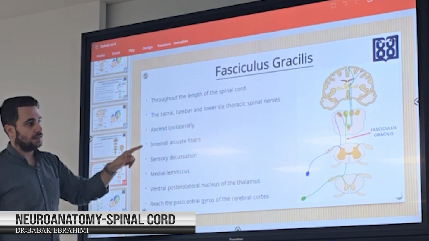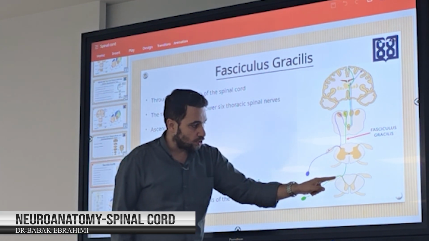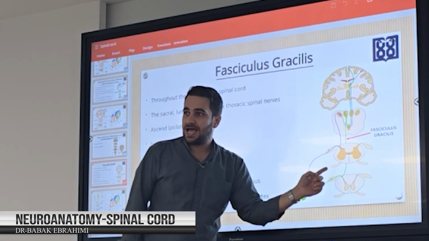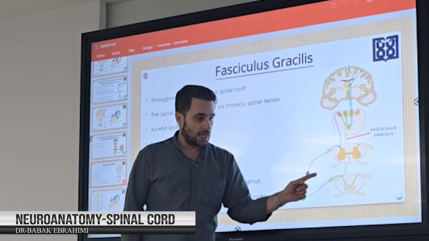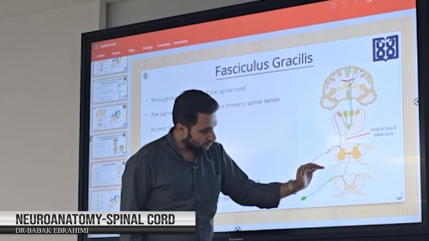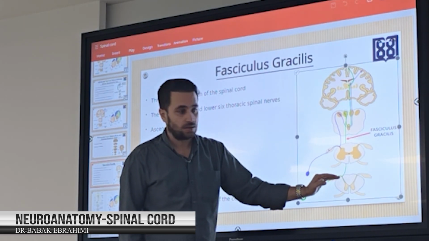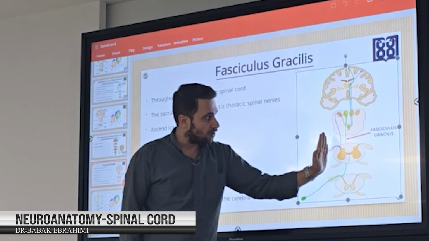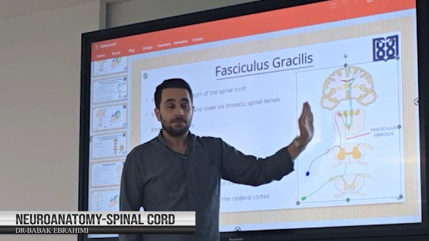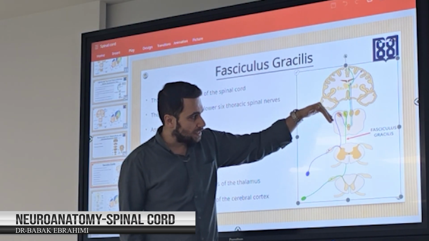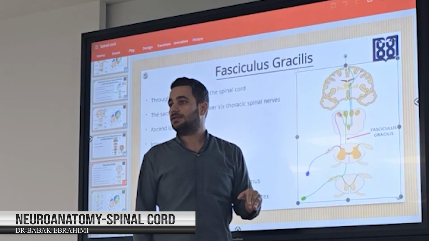And you are seeing it comes to the spinal cord, but it doesn't have any cross. Look at here, it comes to, for example, the left side of the spinal cord and also goes upward in the left side. But in the medulla oblongata, it crosses and goes upward.